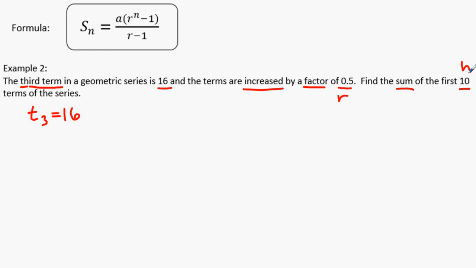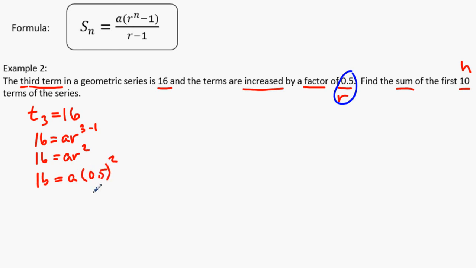All right, so let's use this little bit of information. T3 is equal to 16, so I know 16 is equal to AR to the power of 3 minus 1. So 16 is equal to AR squared. All right, but I know R. I know that R is 0.5, so I'm going to plug that in. So 16 is equal to A bracket 0.5 squared. So 16 is equal to 0.25 A, divide both sides by 0.25.